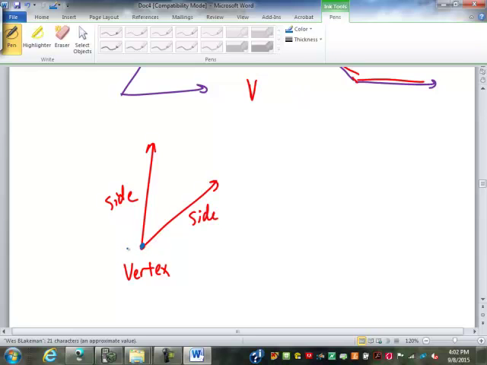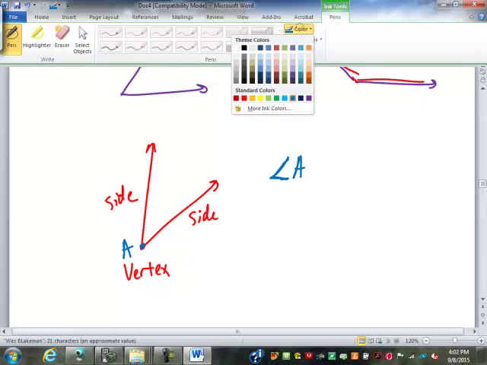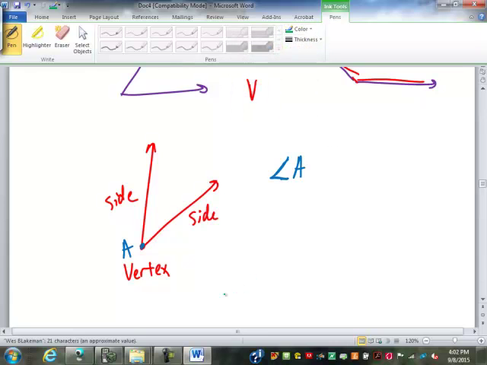So let's say I label this, the vertex, as point A. An angle can be named by simply naming its vertex. Angle, that little symbol there means angle. Angle A refers to that angle. But a lot of times we have other lines involved. We might have something like this, where now if this is point D here, angle D could be any one of 4 different angles here.